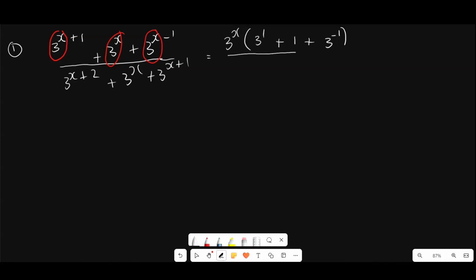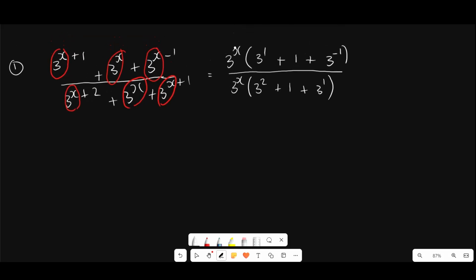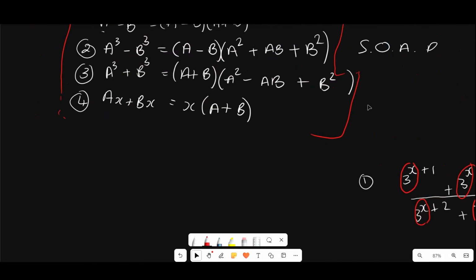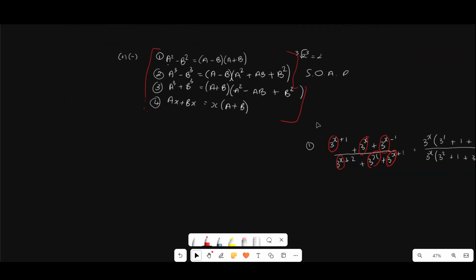Okay, all divided by, here again I notice we have the same thing, 3x, and hence the 3x is common, and hence at the bottom I'll have 3 squared plus 1 plus 3 to the 1. Okay, I hope that makes sense. So what we did basically is we did the common factor, which is number 4.